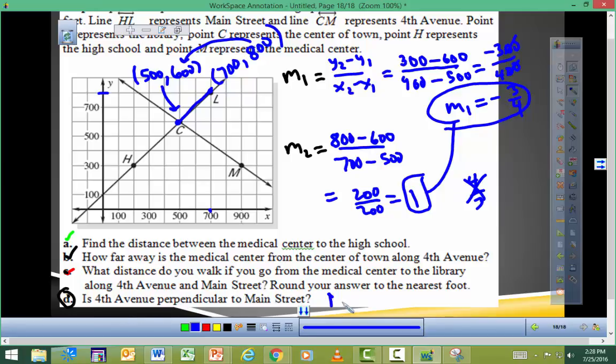The answer would be no, because slope 1 and slope 2 are not negative reciprocals of each other. Or you could say slope number 1 times slope number 2 does not equal negative 1. So there you have it. Boy, these distance ones take a little bit of work.